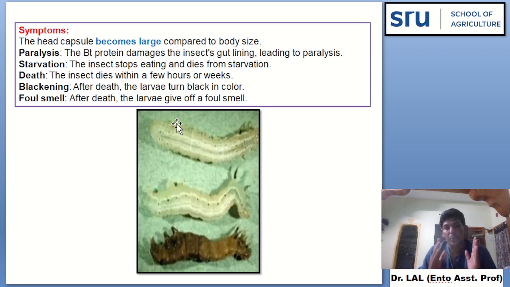The Bt proteins damage the insect gut lining, leading to paralysis. There is no movement. Starvation. The insect stops eating and dies from starvation. The insect dies within a few hours to a week. After death, the larva turns black in color. After death, the larva gives off a foul smell.